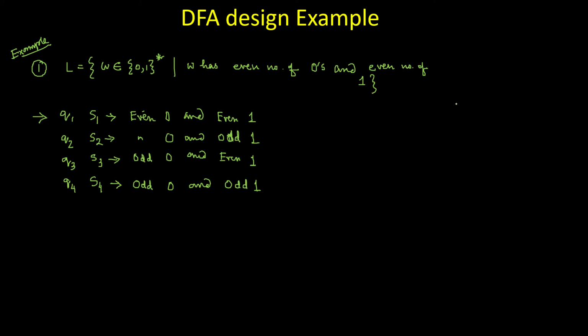Because if we have a string something like 1 0 0 1 0, when you are about to start reading it, you have not seen any zeros or any 1s. So the number of 0s and 1s you have visited are both even. So that's why this state should be the initial state. Fine, so I draw Q1.